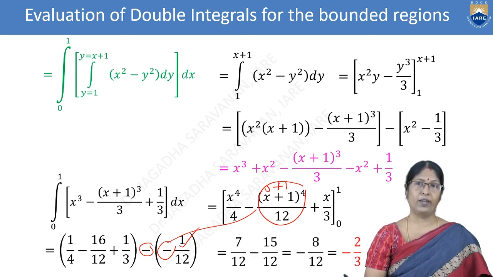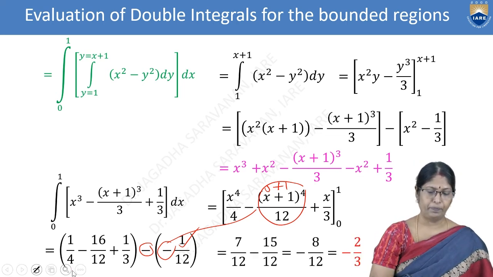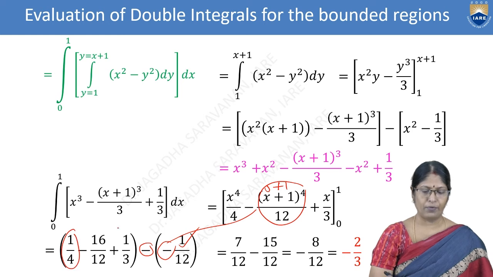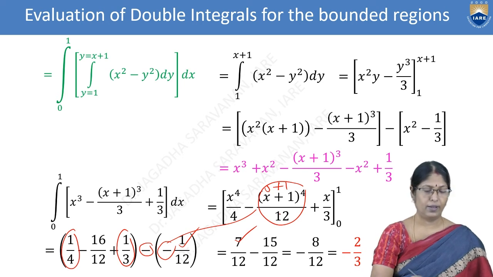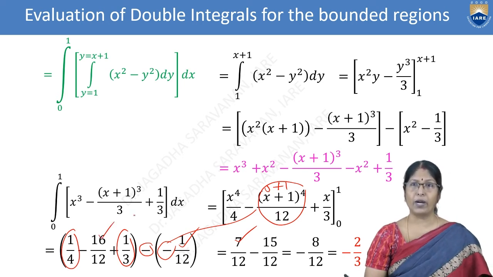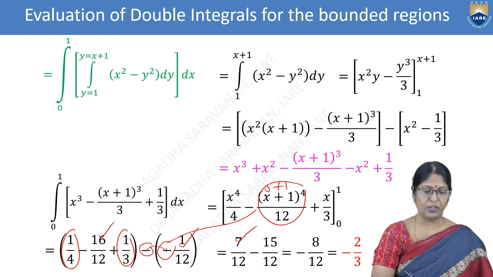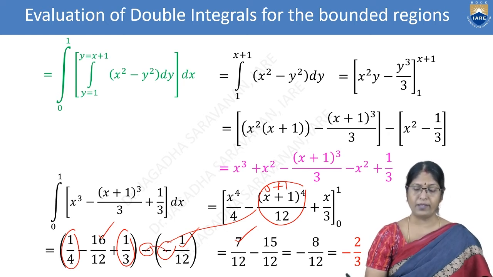The next one is here. Here 1 by 4, here 1 by 3. Put together, it has become 7 by 12. This is minus 16 by 12. Here minus into minus becomes plus.